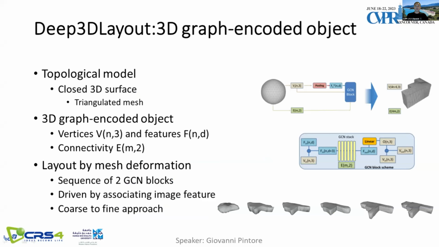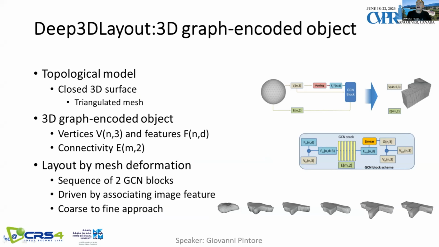Here we have some details of this approach. So we have that the environment around the viewer, I mean, around the spherical camera, is a closed volume, so this is bounded by walls, ceiling, and floors. So this is a closed 3D surface that is similar to a sphere in some way.